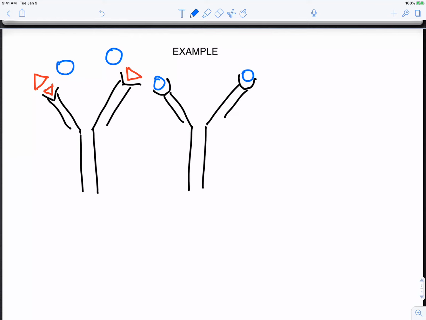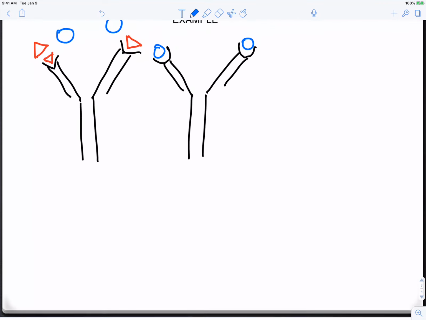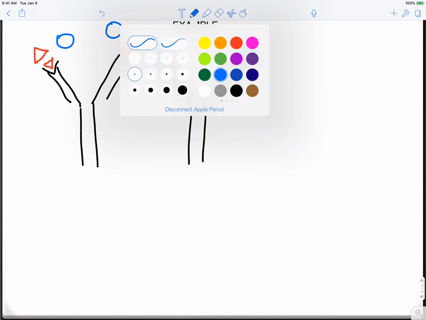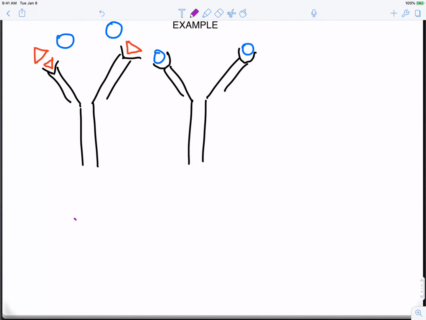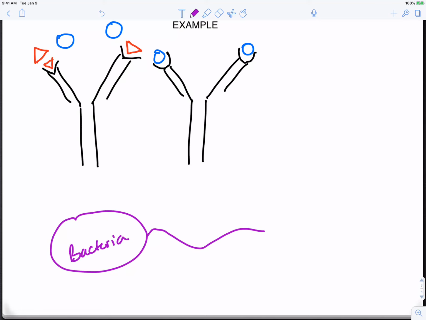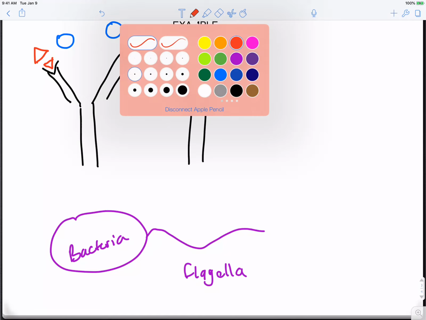Now I'm drawing them as circles and triangles, and of course that's not how proteins look. Proteins or carbohydrates have chains, they're folded, they have dimensional structures to them. So the antibody will bind to one portion of that. So to put this into a little bit more context, let's pretend we have a bacteria, and our bacteria have a flagella. So here's our bacteria, and this is their flagella. Now the bacteria flagella will have different regions.